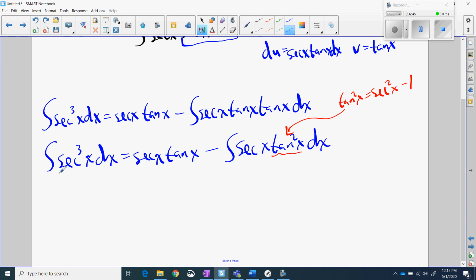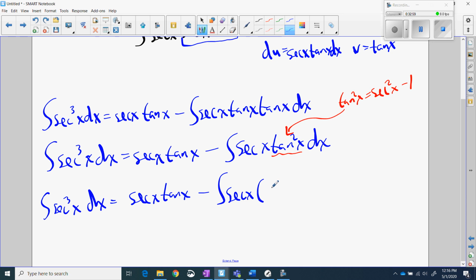And there's a reason I wrote the original question here. This is similar to a strategy I showed you in the last video. Secant x tan x minus the integral, replace this with secant squared x minus 1, trig identity, dx. Now I'm going to expand this.